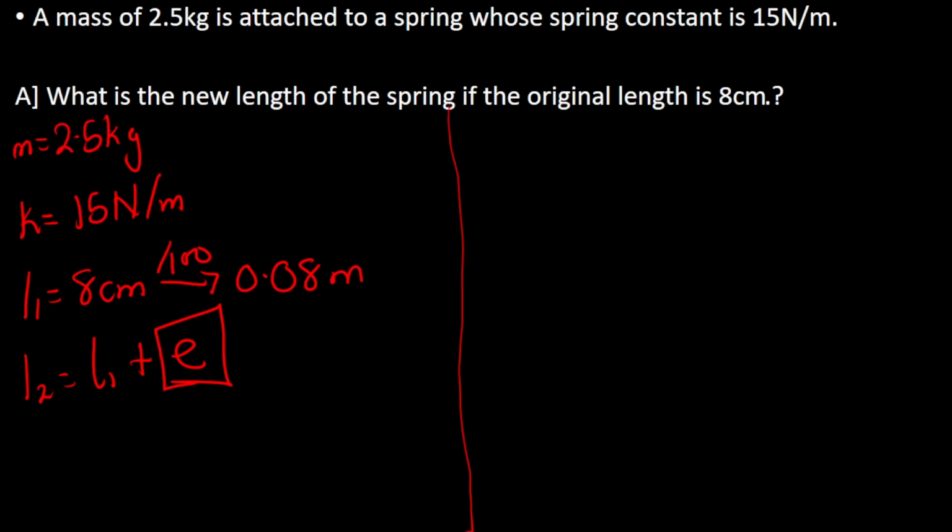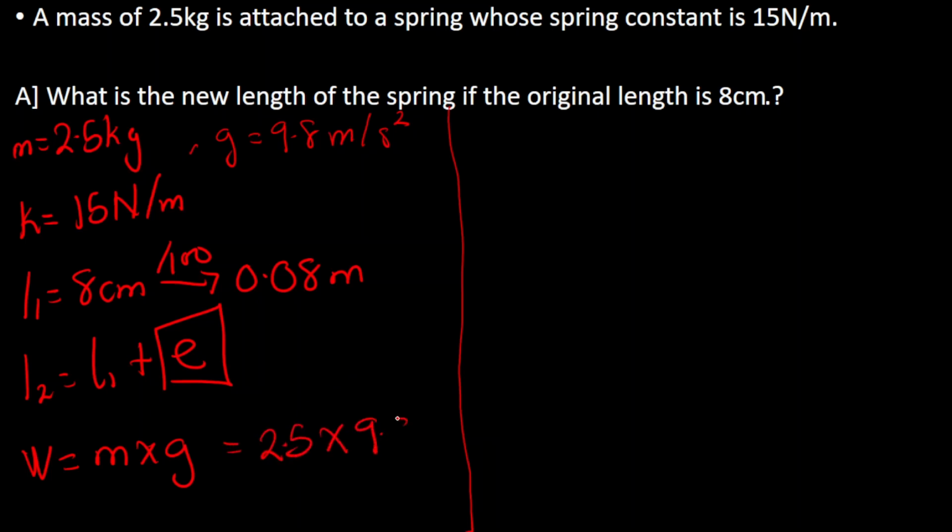Okay, and what is the weight? So that W is M times G. Okay, our M is 2.5, and then G is 9.8 meter per second square. So that will be 2.5 times 9.8, which should give us 24.5 Newton.